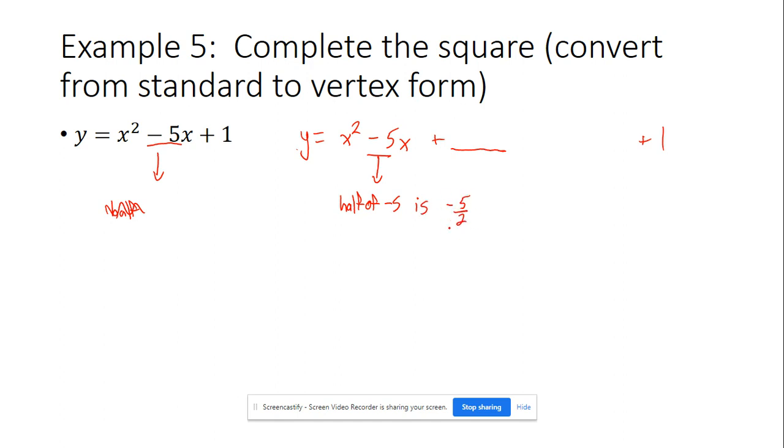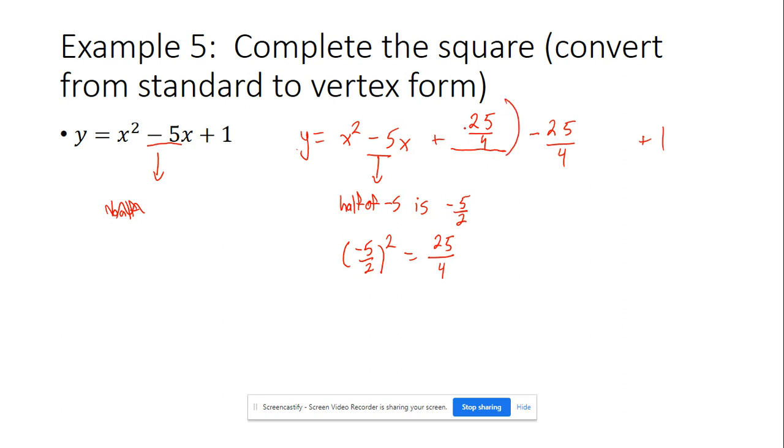We prefer to use fractions as opposed to decimals in this unit. Negative 5 over 2 squared: negative 5 squared is 25, 2 squared is 4. So we want to include 25 over 4. Now if I added a 25 over 4, I need to subtract 25 over 4 like this.